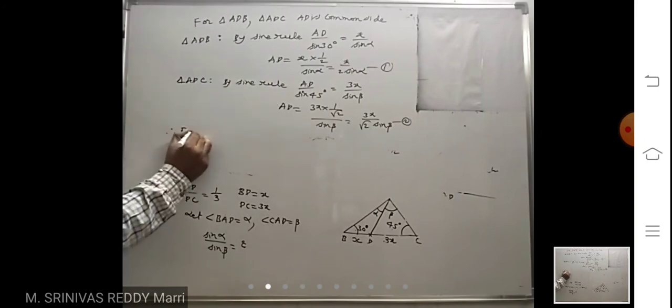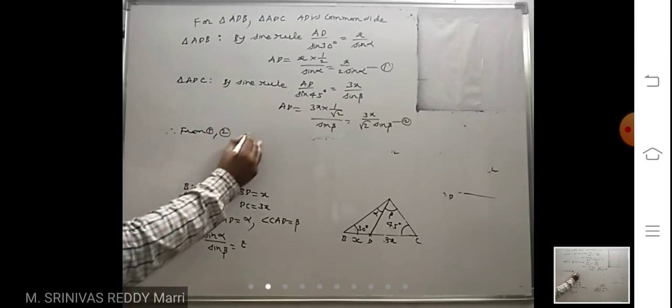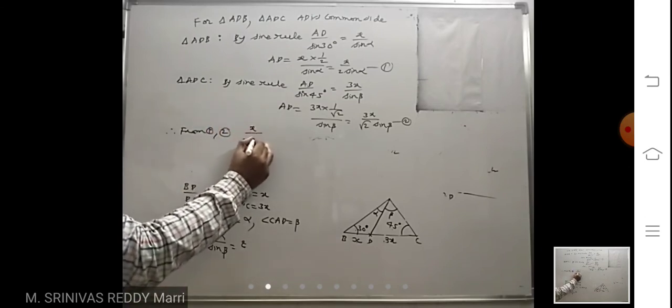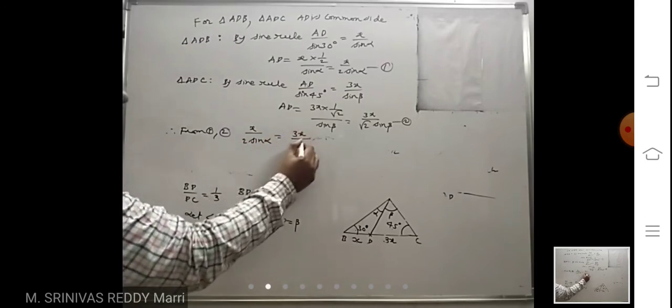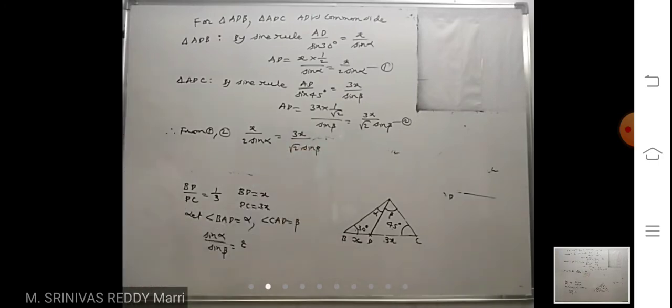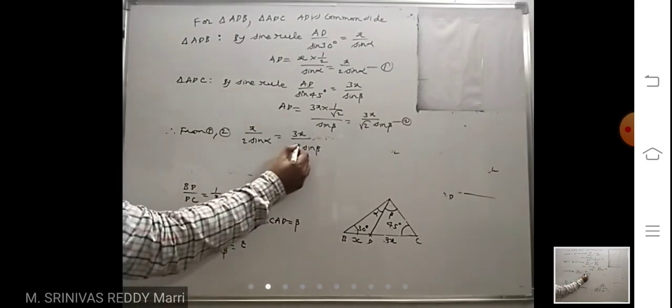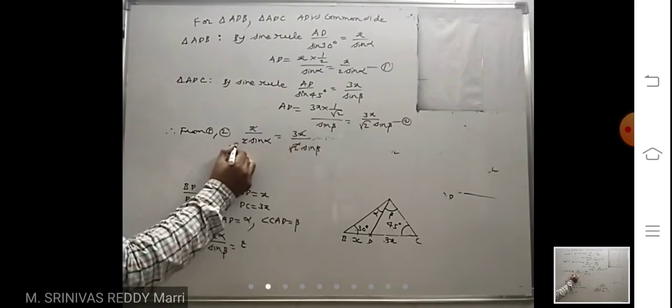Therefore, from 1 and 2, x divided by 2 sine alpha equals 3x divided by root 2 sine beta. This is also AD, this is also AD. That means I am cancelling this out. x cancels, root 2 times here.